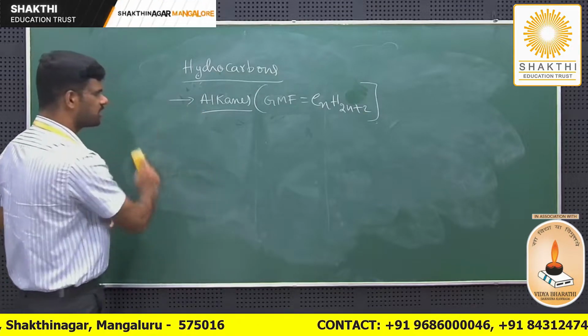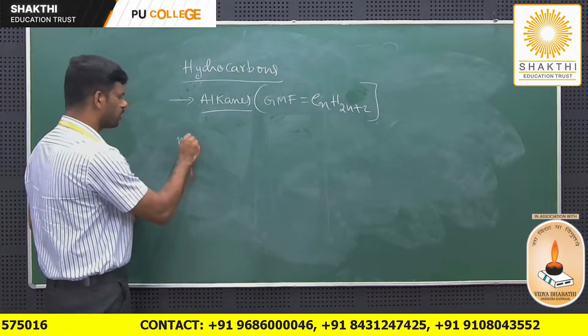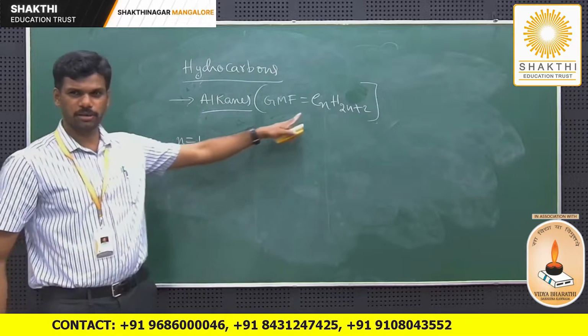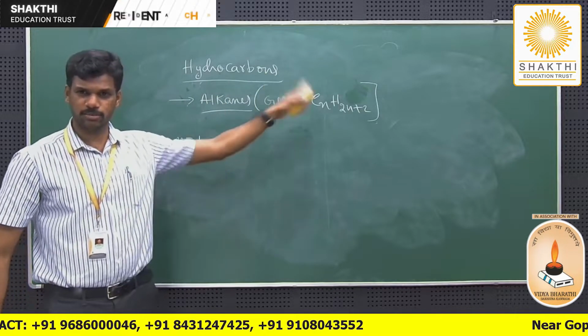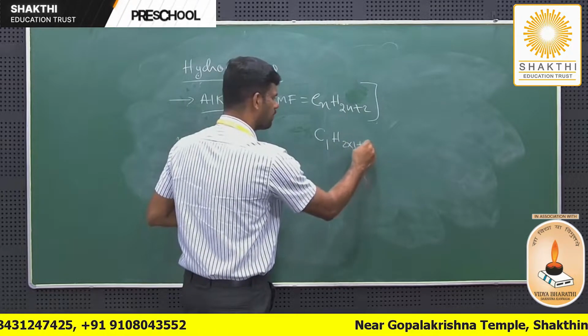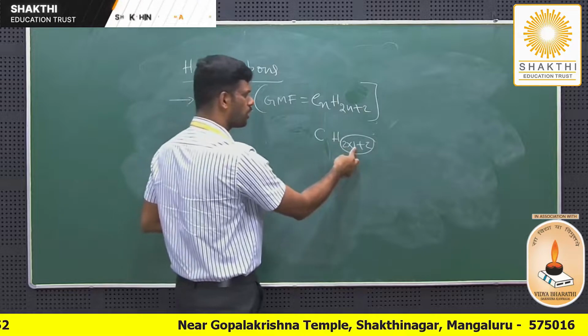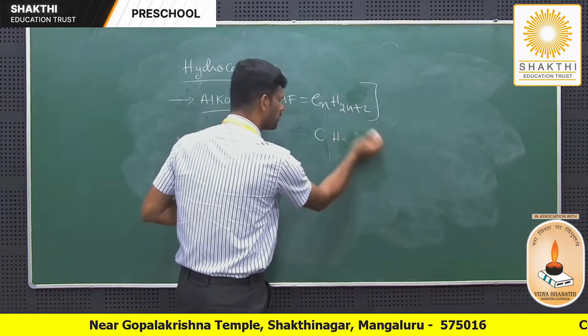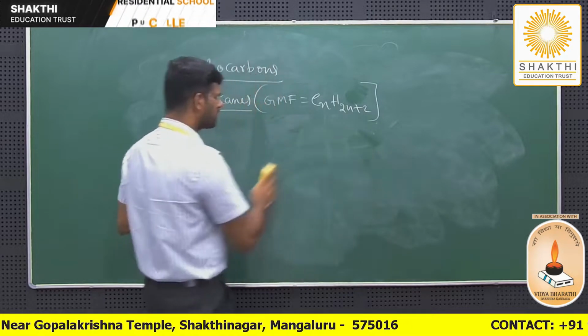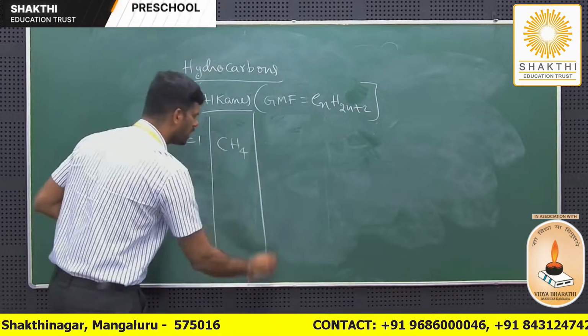Let's begin with the first one. When there is the general molecular formula CnH2n+2, I say when n is equal to 1, substitute in the equation. C1 H2 into 1 plus 2. You know that C is 1, H is 2 into 1 is 2 plus 2, it becomes 4, CH4. The first alkane, which we all know, has the molecular formula CH4.